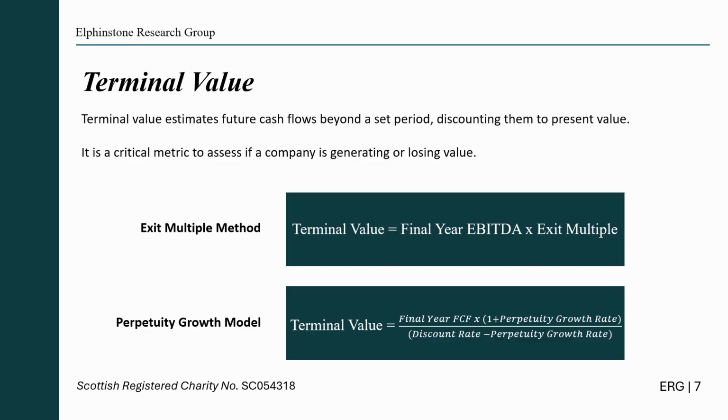The perpetuity stable growth model assumes the cash flows continue indefinitely, adjusting the discount rate, hence where the perpetuity in its name comes from. And the perpetuity growth rate is usually equivalent to the inflation rate and almost always less than the economy's growth rate.